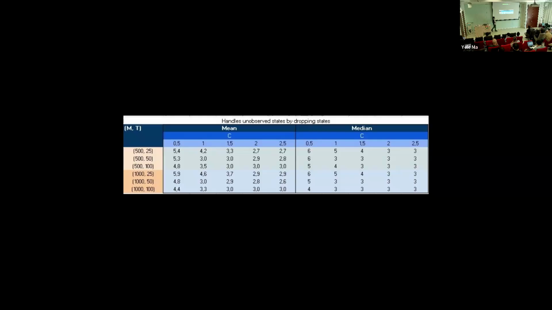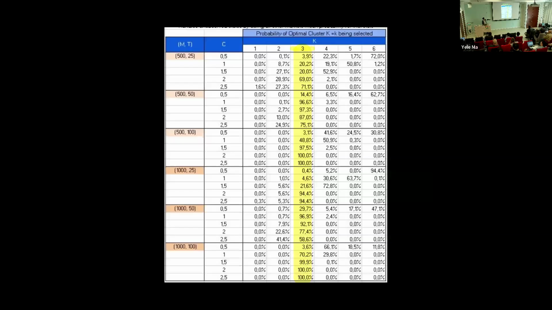Then with a model selection procedure, if you just ignore this C and look at this column, for example, the mean number of estimated types is correct, and the median is also correct. The different C is just a different scaling factor that we use. I also have practical guidance on how you choose this, but I don't have time to talk about it. Definitely looking at me, she's a little bit cross.